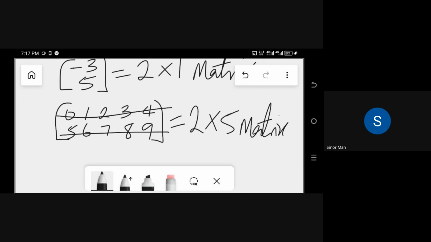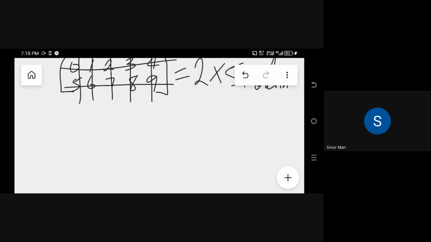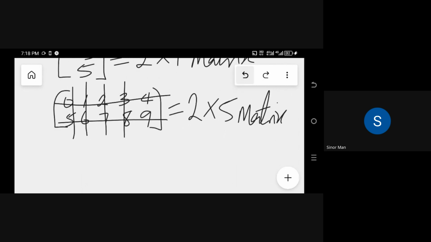Then if we proceed to count the number of columns, we'll have 1, 2, 3, 4, 5. So there are 2 rows and 5 columns. So this tells us that this is a 2 by 5 matrix.